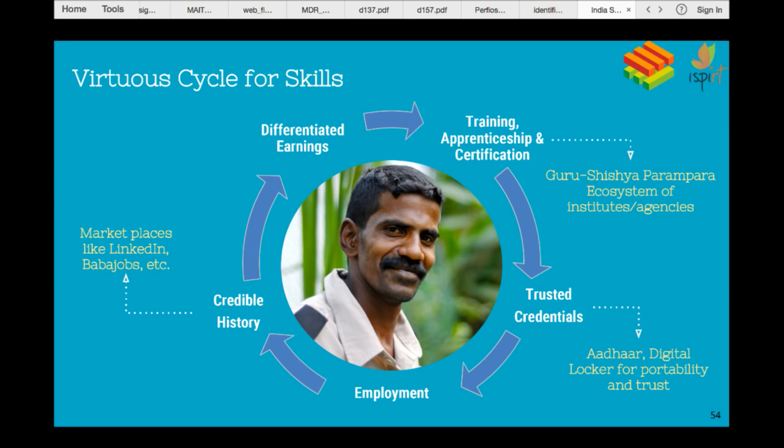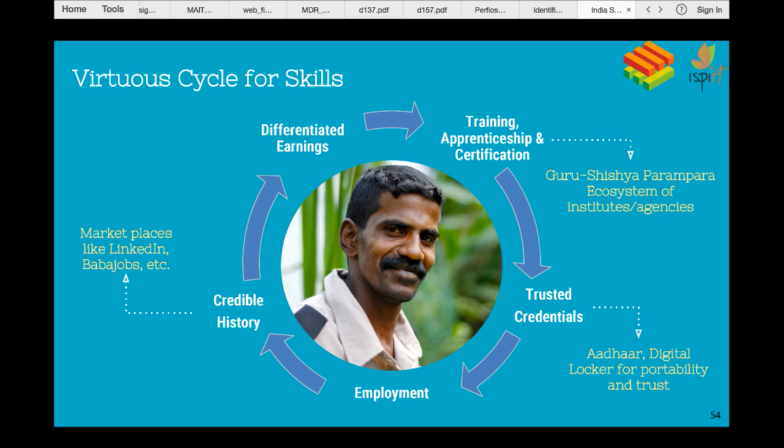And we see this in a more professional marketplace through LinkedIn, etc., where your employment history is a very valuable indicator of your skills, and you expect to grow throughout your life because you're getting better at the job you do.